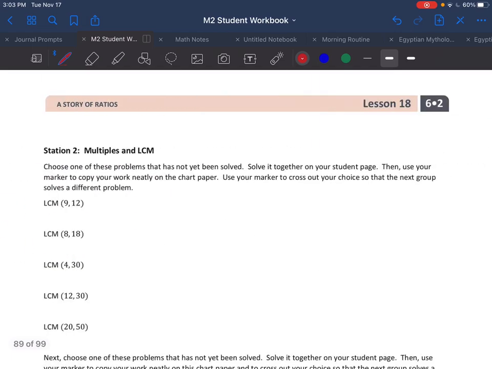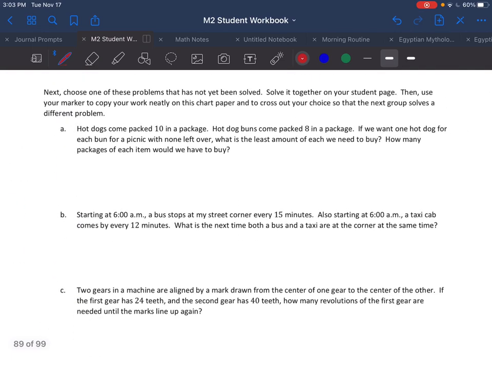Okay. Let's take a look at another problem. So let's look at A. Hot dogs come packed 10 in a package. Hot dog buns come packed 8 in a package. If we want 1 hot dog for each bun for a picnic with none left over, what is the least amount that we would need to buy? So we have packages, and we have 10 in a package and we have 8 in a package.